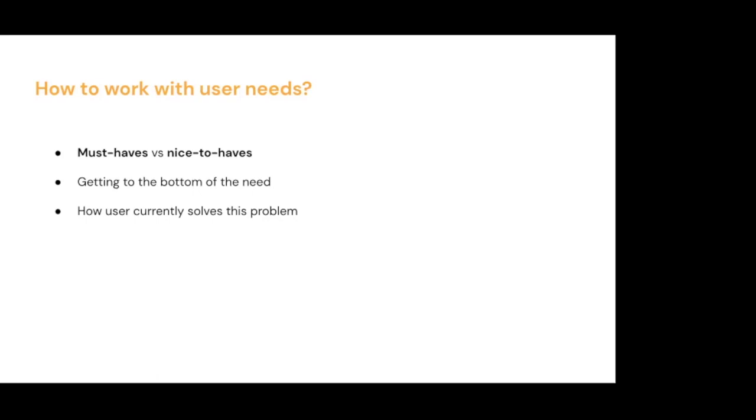Another important thing to think about is how users currently solve this problem. So, identifying the problem, figuring out the user goal, and also learning how they currently solve this problem. With the feature that you're trying to build, you need to think about how they are doing this right now.